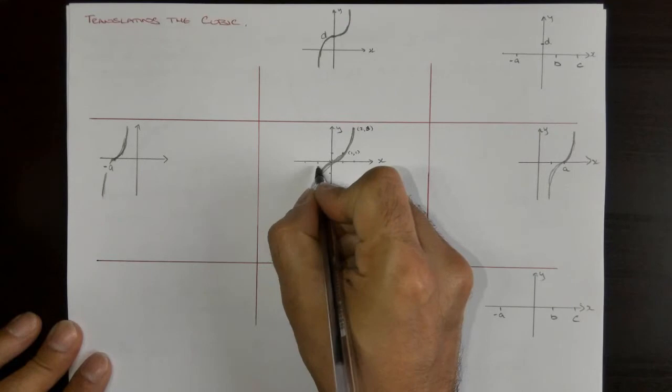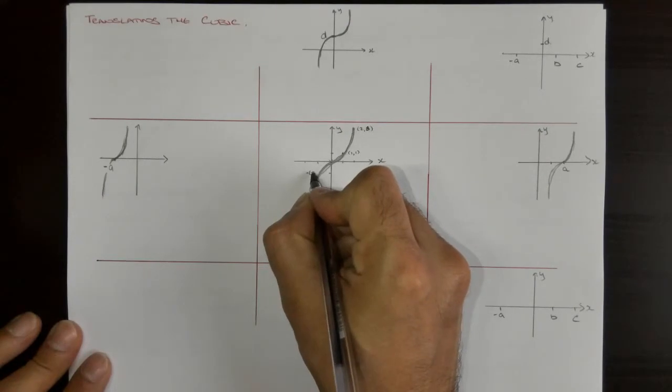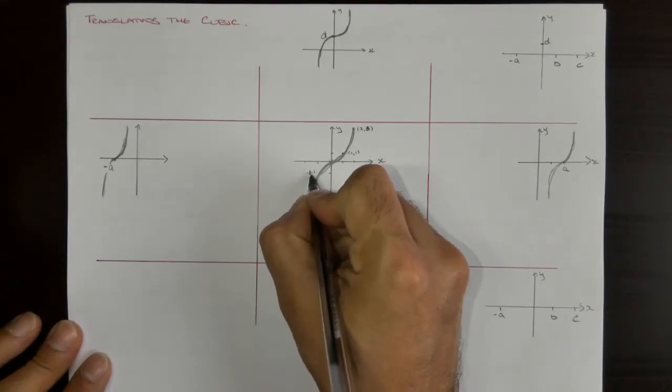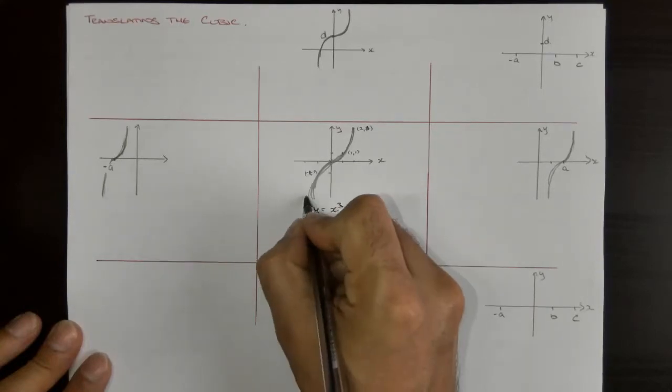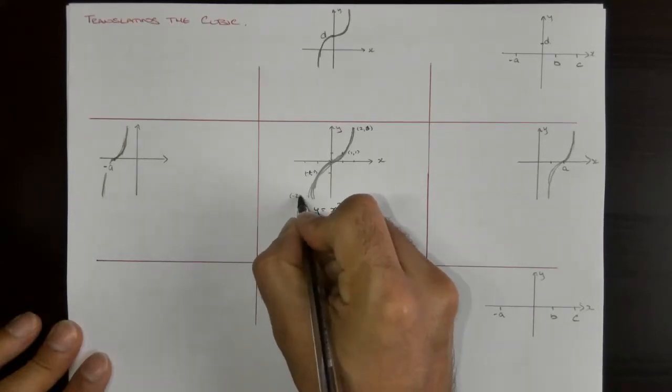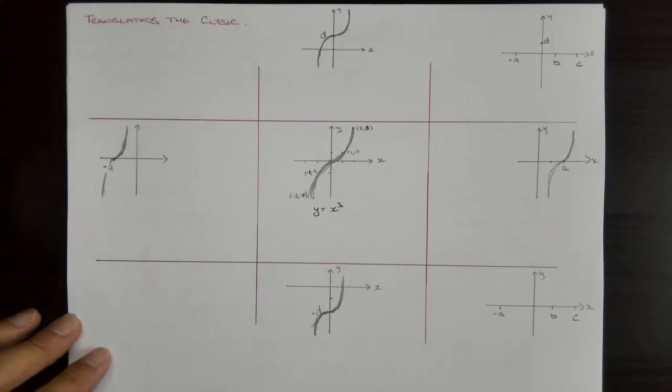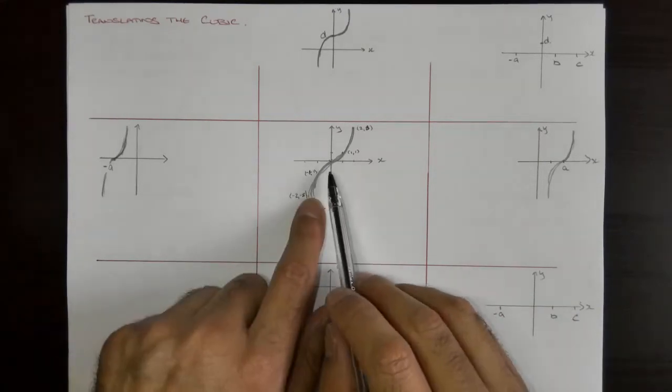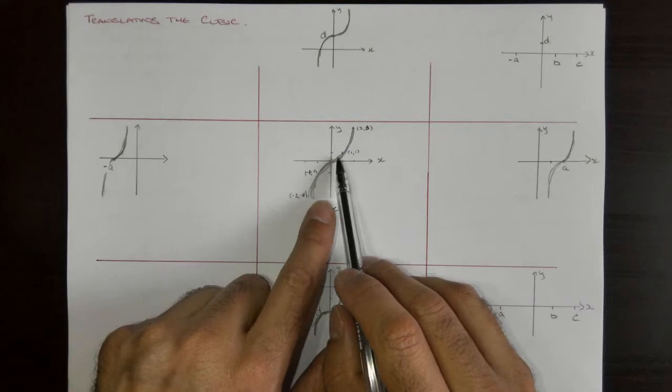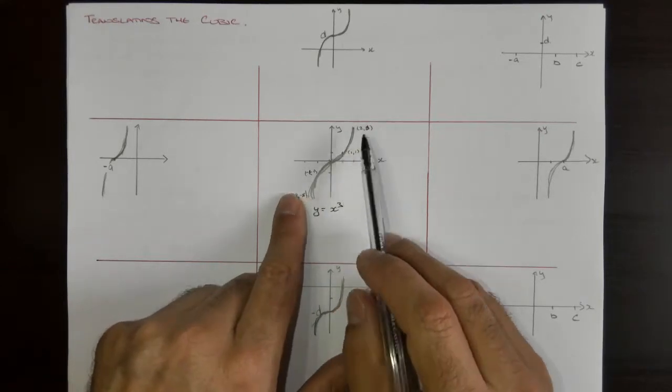Then we have negative 1, so y is negative 1, and x negative 2, y is negative 8.